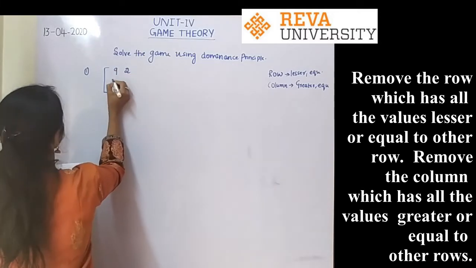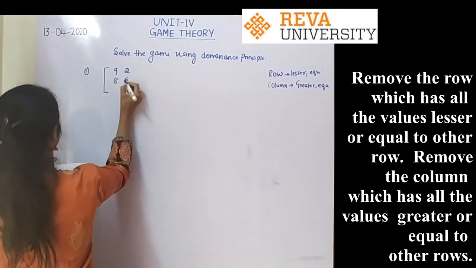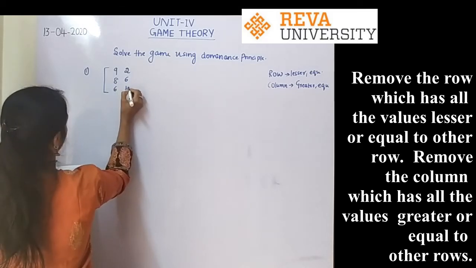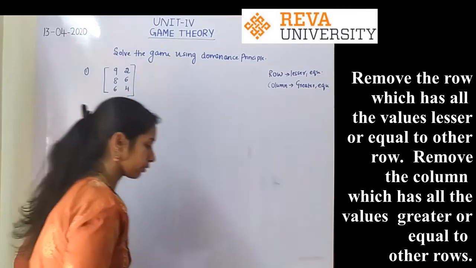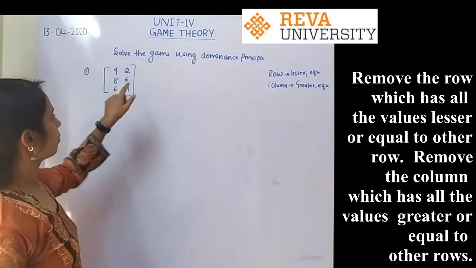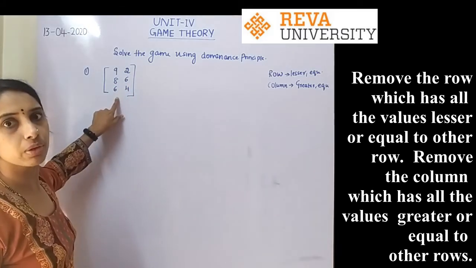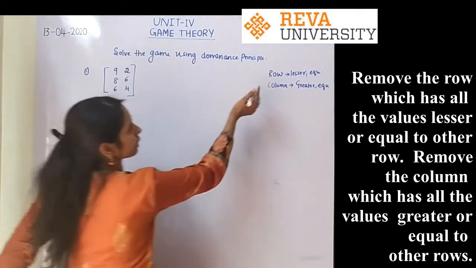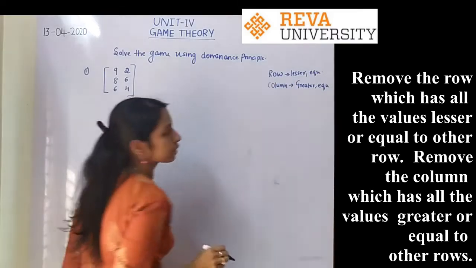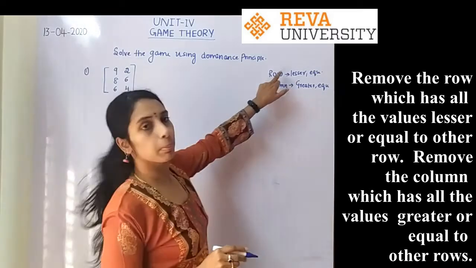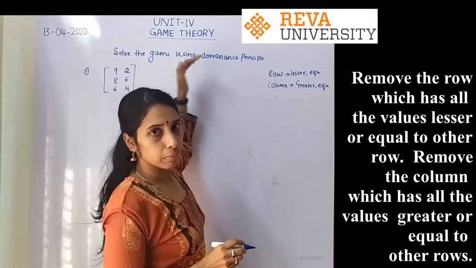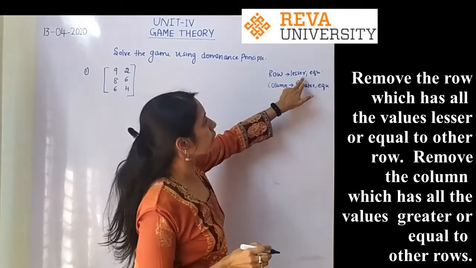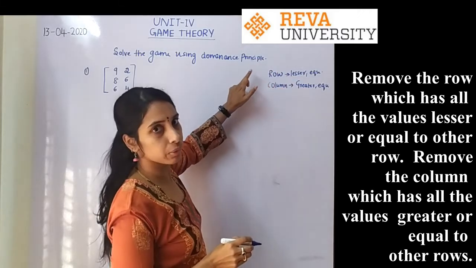9, 2, 8, 6, 6, 4. This is the payoff matrix given, so you have to solve using the dominance principle. Now, as I said, you have to compare the rows. Whenever you compare the rows, if the complete row is lesser or equal, then you can eliminate those rows.